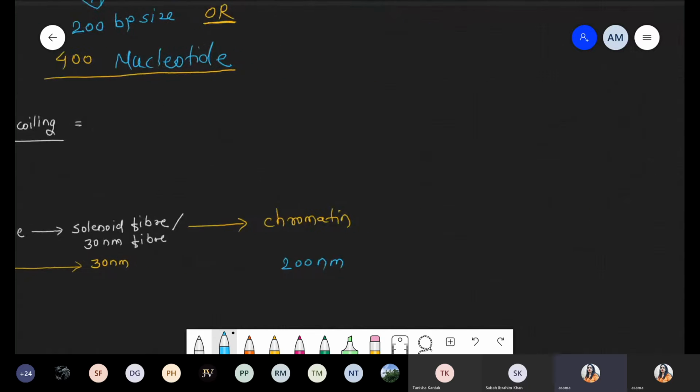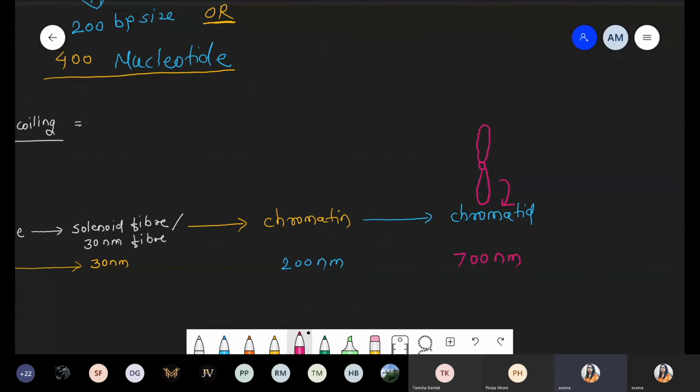After this chromatin, it is converted into the chromatid. I hope you remember that when we want to represent the chromatid structure, we draw only a single p arm and q arm. That structure is called the chromatid structure. The size of the chromatid, which is coiled, is quite larger, 700 nanometer.